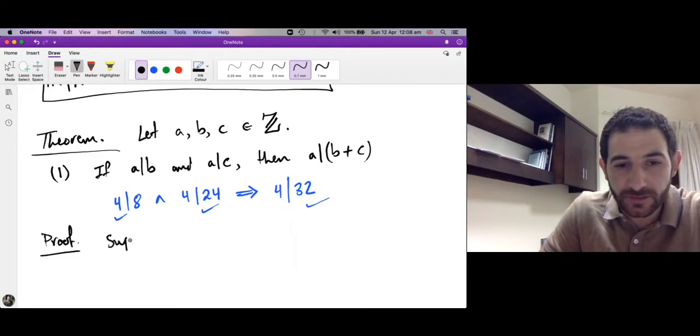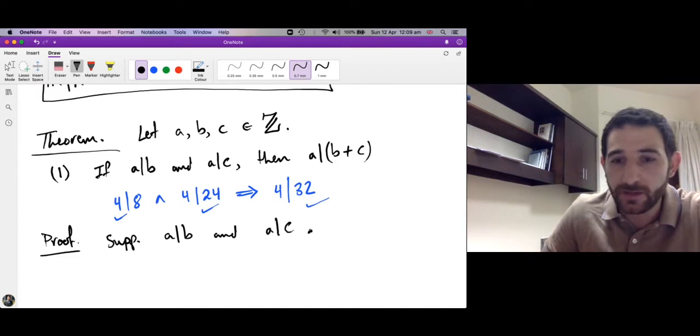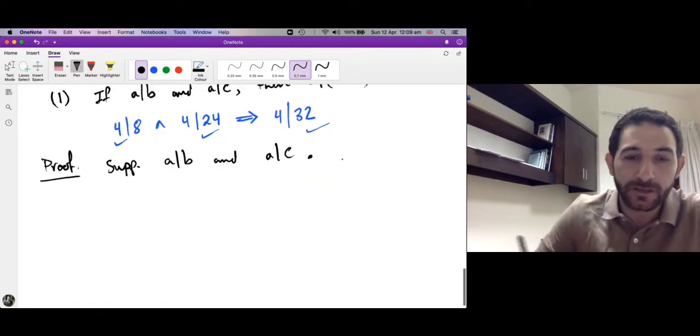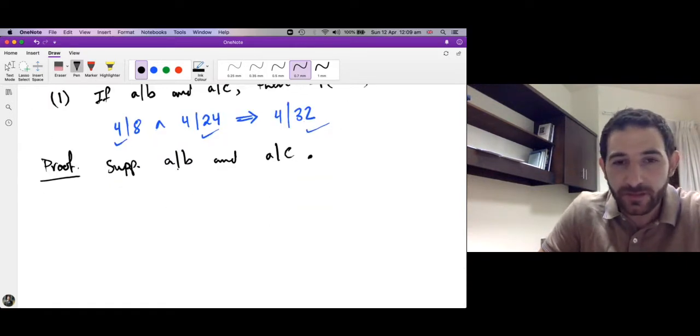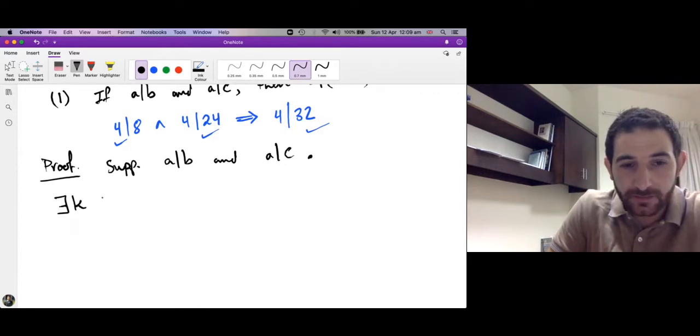Suppose that a divides b and a divides c. Now we want to show that a divides the sum b plus c. Let's see, what does it mean that a divides b? It means there is an integer k such that b is equal to k times a. So this is what we know from this.